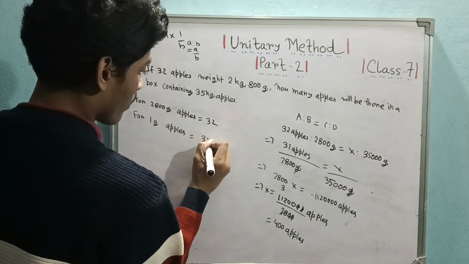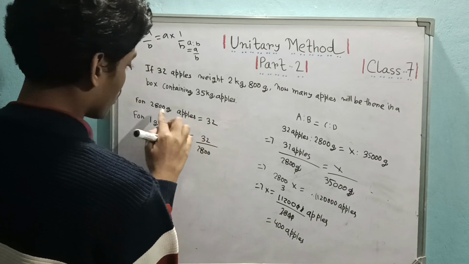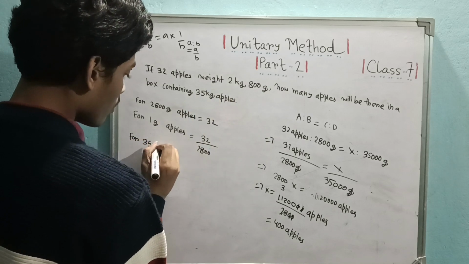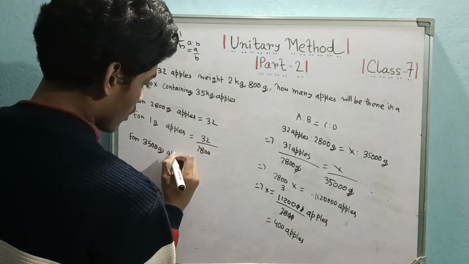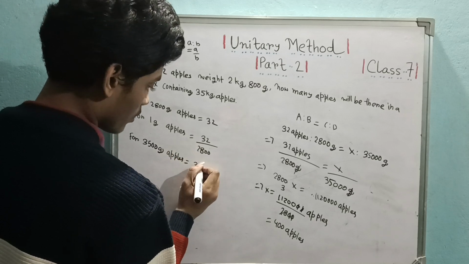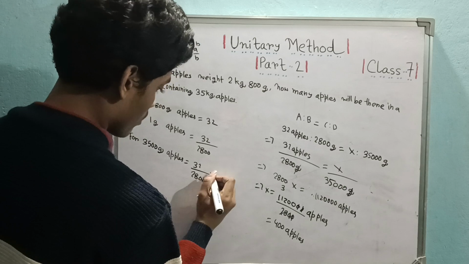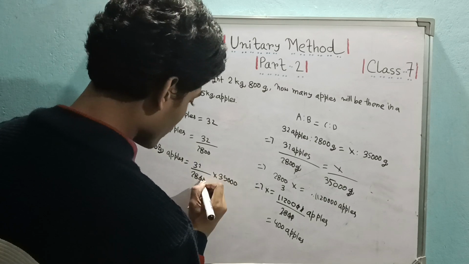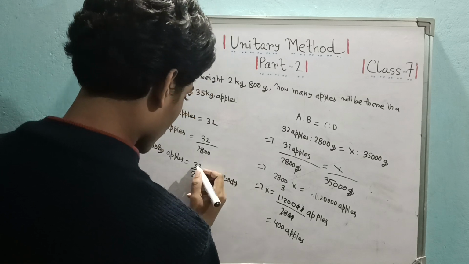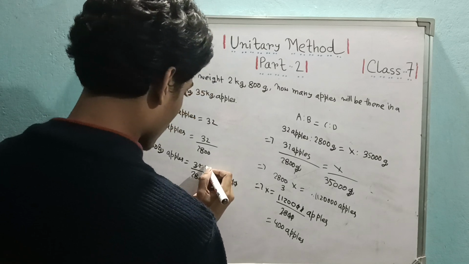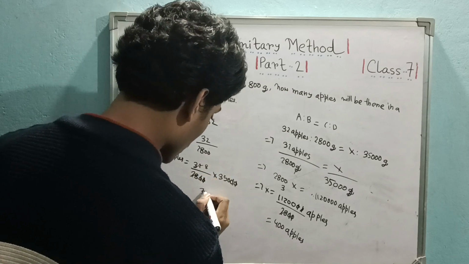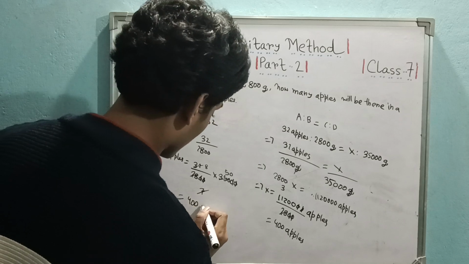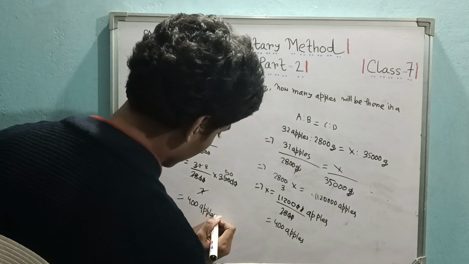So divide 32 by 2800. Now for 35,000 gram, when weight is more, apples will increase. So multiply 32 by 2800 multiplied by 35,000. Let's calculate then. So dividing by 4, get 8, dividing by 4 I get 7, 50, 400. Got 400 apples, and as easy as that.